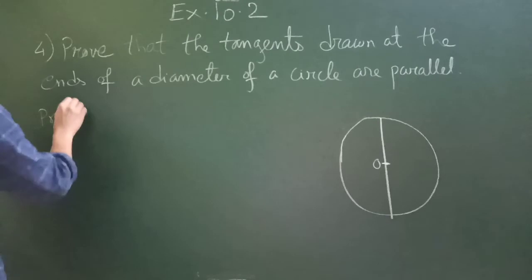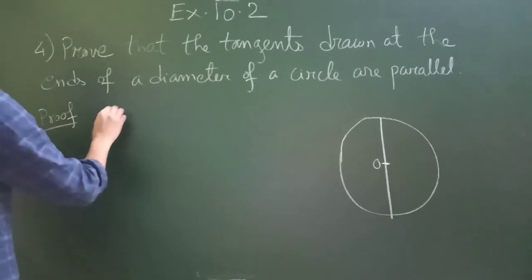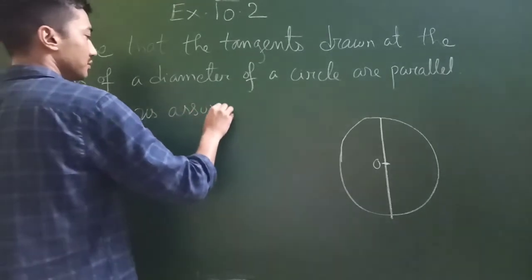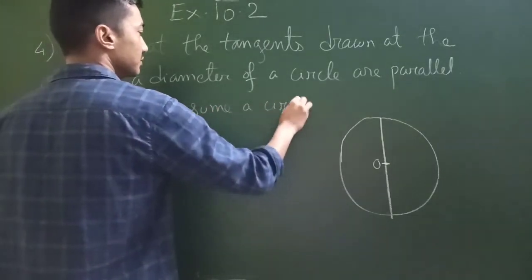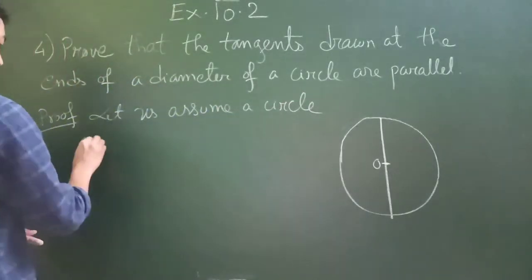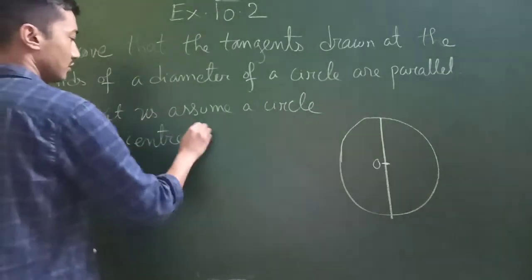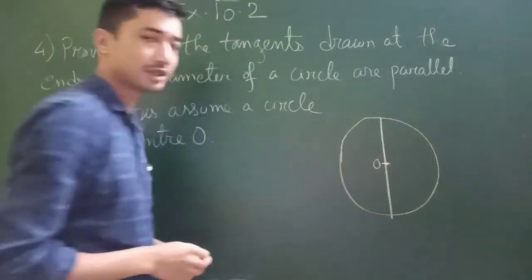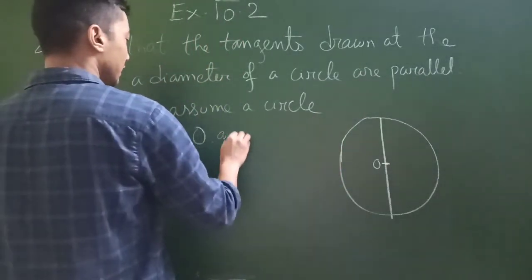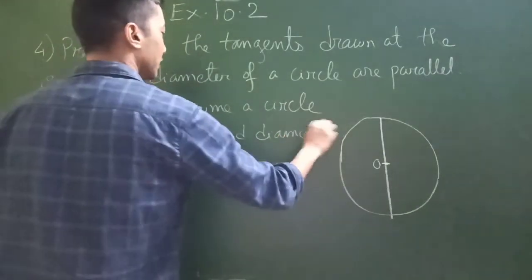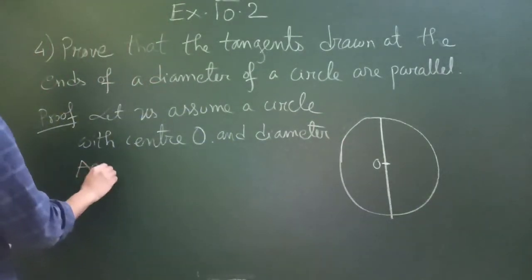Proof: let us assume a circle with center O and diameter AOB.